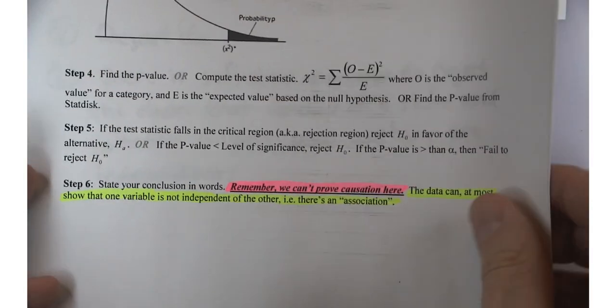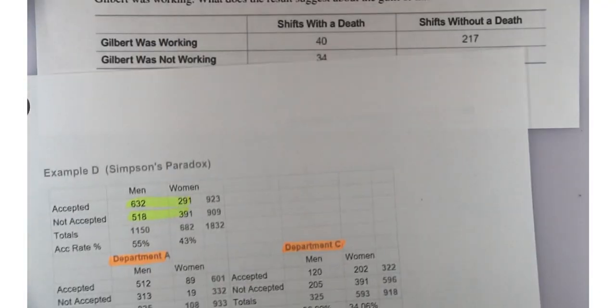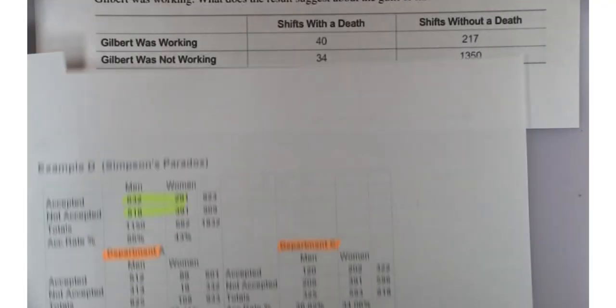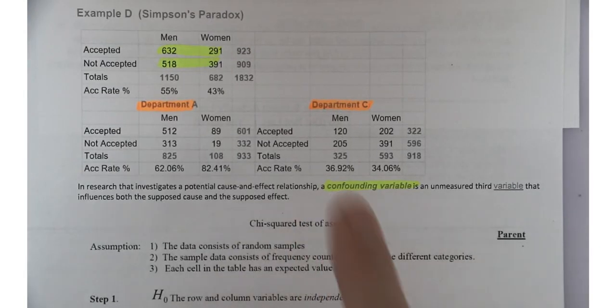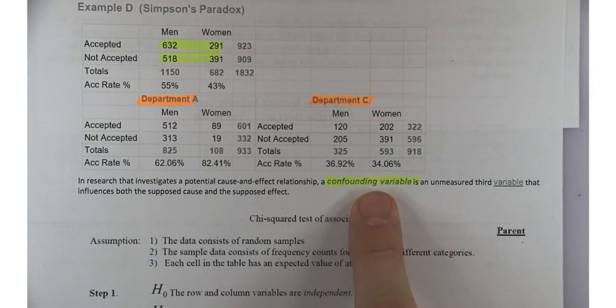If you remember, on the back of your handout is a reminder of something. There are confounding variables in statistics. These are variables that affect both the cause and the response, the cause and effect. Maybe she was working the same shift that somebody else did that caused the murders.